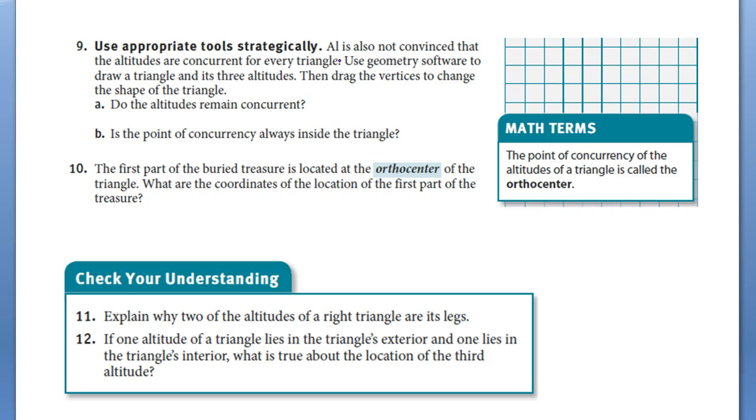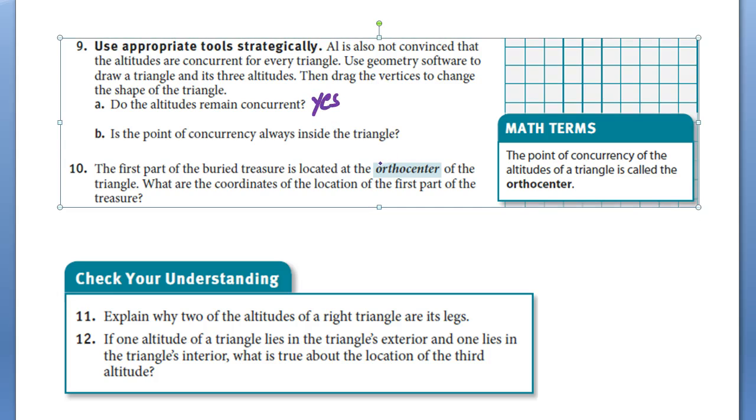So that convinces Al that the altitudes are concurrent for that particular triangle, but he's not convinced that altitudes are concurrent in every triangle. This question asks us to use geometry software to explore this idea. We're not going to take the time to do that, but if we used geometry software to quickly look at lots and lots of triangles and their altitudes, we would find out that yes, the altitudes are always concurrent.